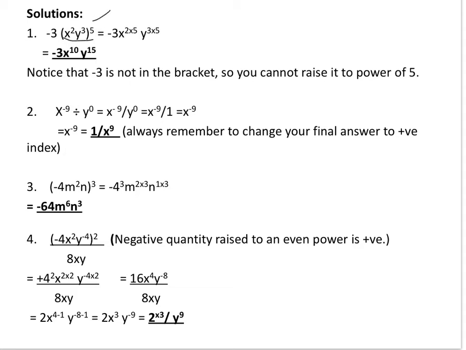So you have to multiply 5 with the power of x, which is 2, and multiply 5 with the power of y, which is 3. So you have your answer to be minus 3x raised to power 10 y raised to power 15.